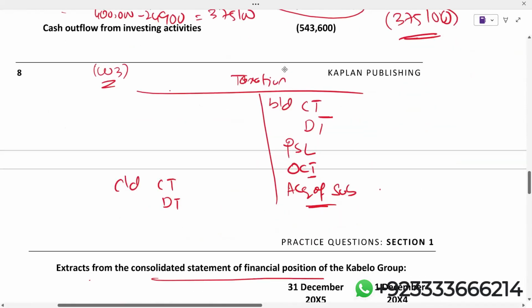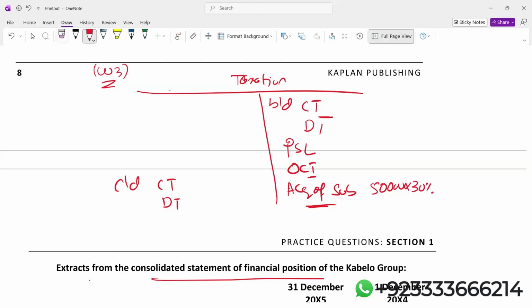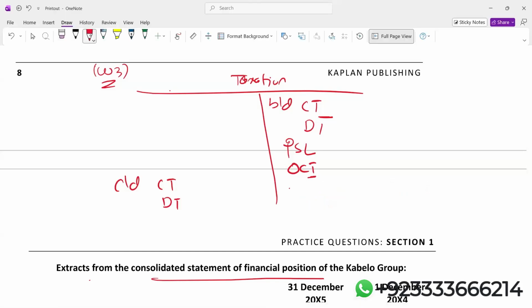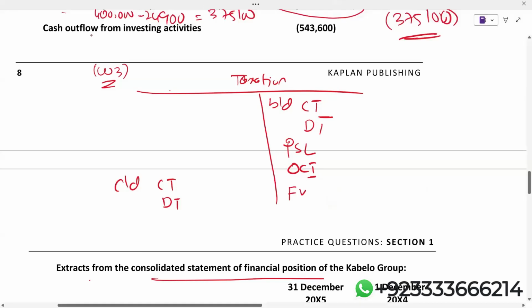If you recall, there was a fair value adjustment, if I'm not wrong, 50,000 into 30%. So 15,000 deferred tax liability, which is due to fair value adjustment. Of course, it increases your taxation.